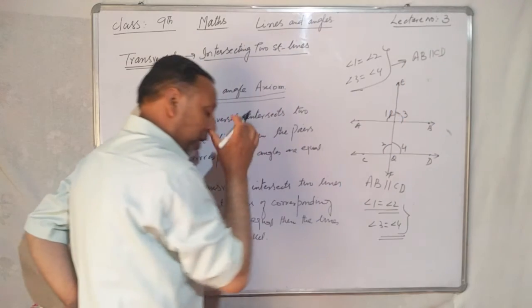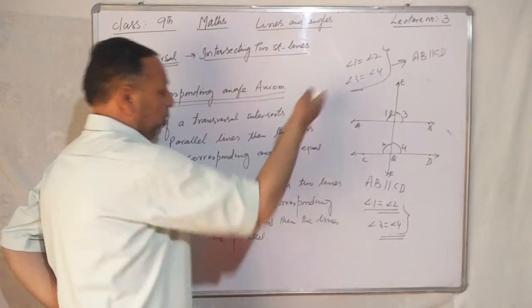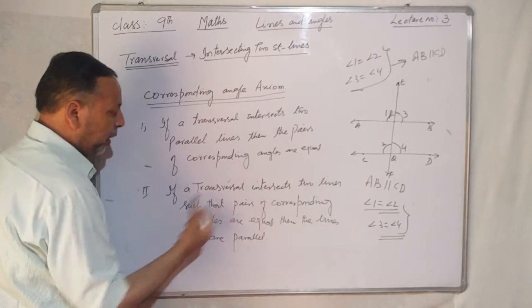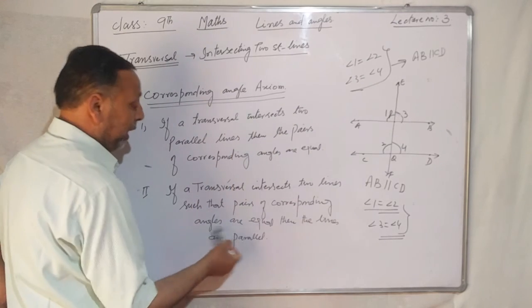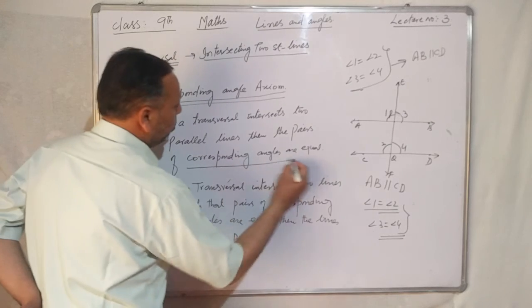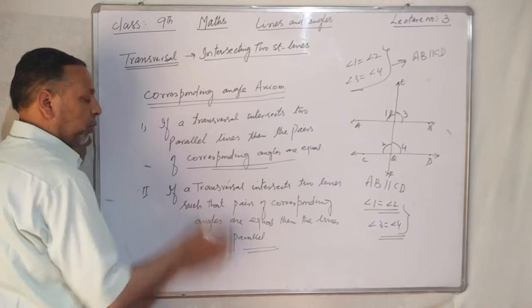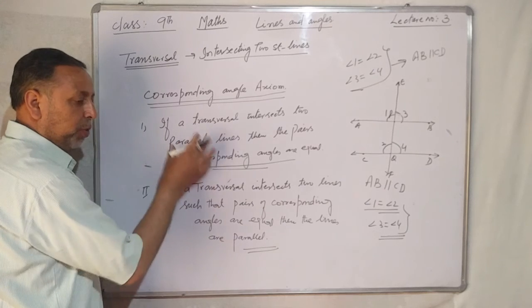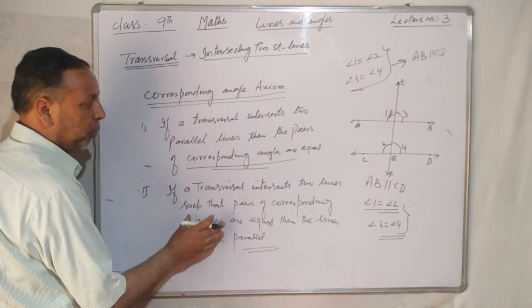That is, when corresponding angles are equal, then lines are parallel. Keep note of these two axioms, very important axioms. Mostly they are used in every question, so note them down completely.